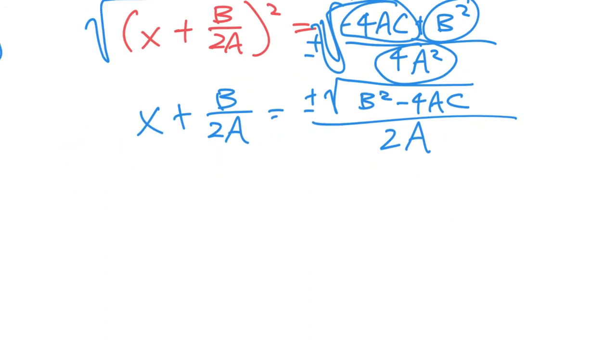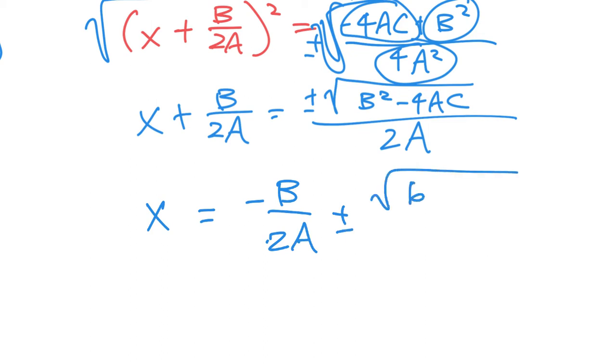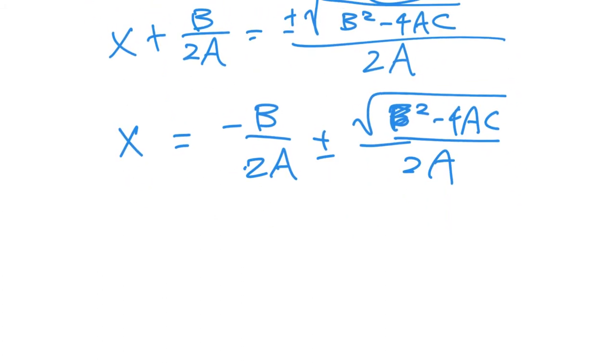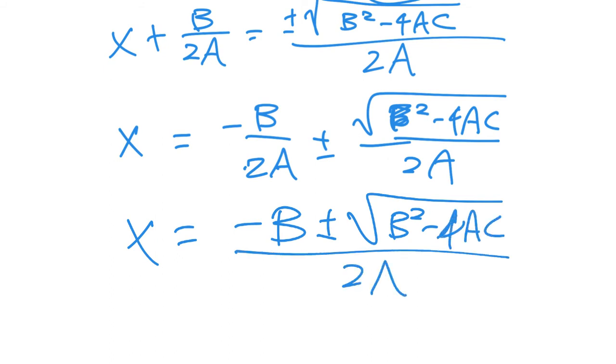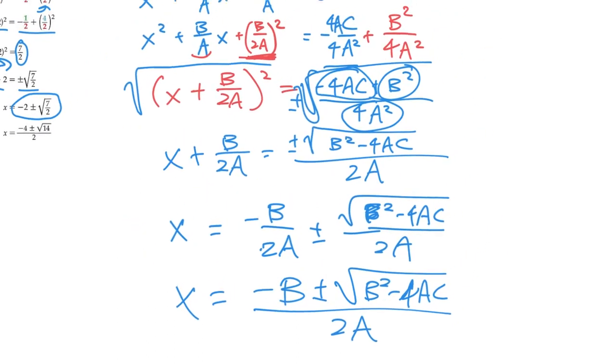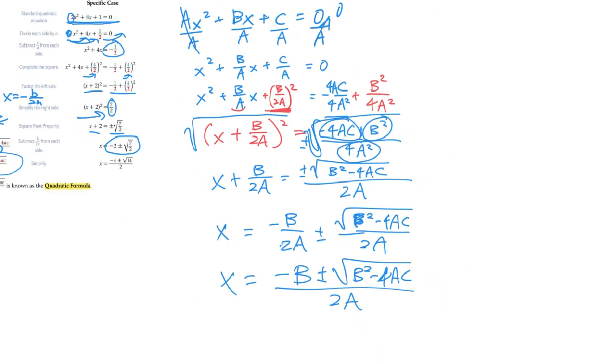And then finally, minus b over 2a on both sides. x is equal to negative b over 2a plus minus square root of b squared, sorry, that's a b, minus 4ac over 2a. They have the same denominator, therefore x is equal to negative b plus minus square root of b squared minus 4ac, over 2a.